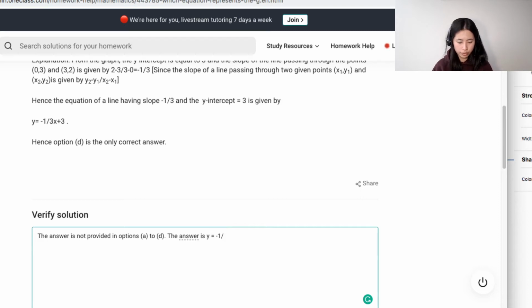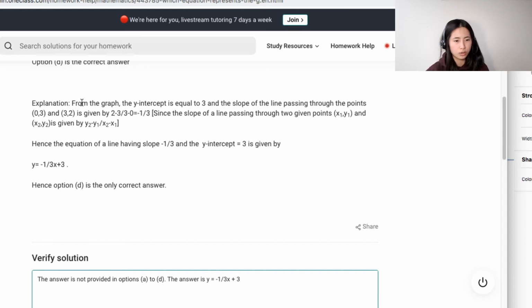So y equals negative 1 over 3 x, plus 3. That's the answer. However, the solution or explanation that they provided is correct.